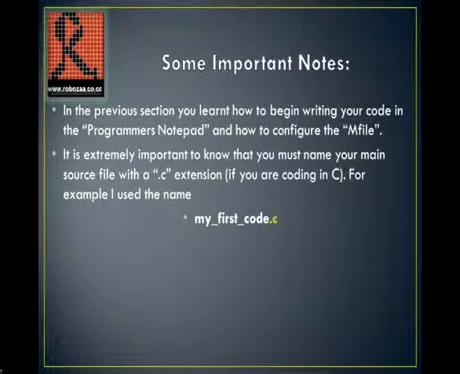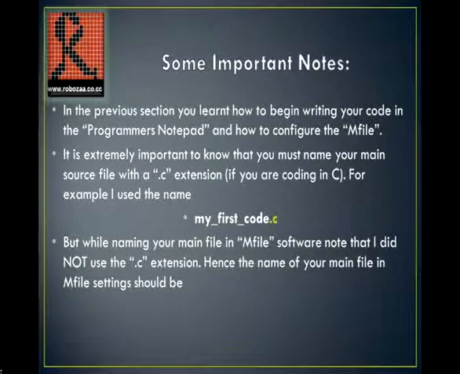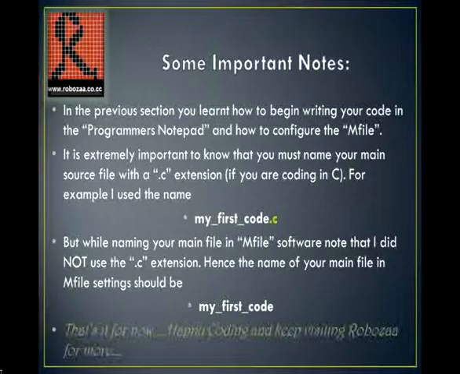So basically my file name would look like this: my_first_code.c. But while editing the makefile, we do not give the .c extension. So basically my main file name will be my_first_code, no .c, remember?